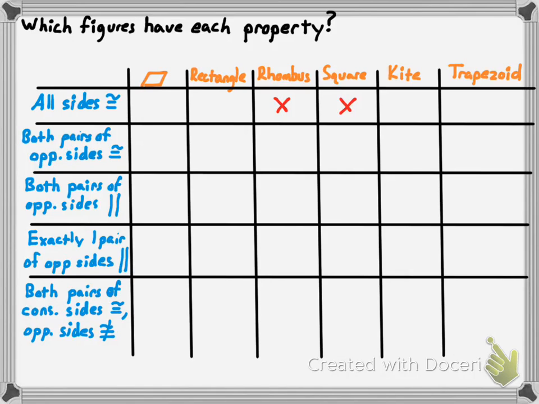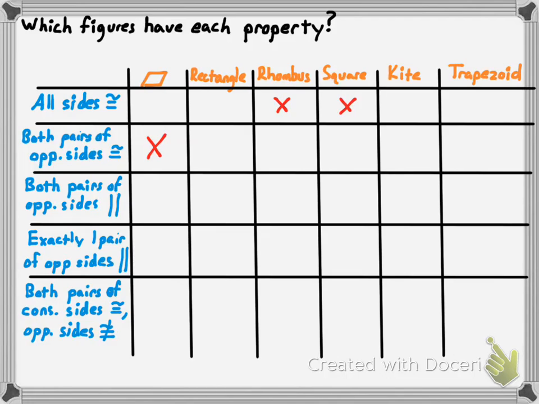The next property that I want to talk about is which of these quadrilaterals have both pairs of opposite sides congruent to one another. That happens to be a property for parallelograms. Now, one of the things I want to get across to you here is that there are some shapes where, if a property applies to that shape, it applies to other more specific versions of that shape.